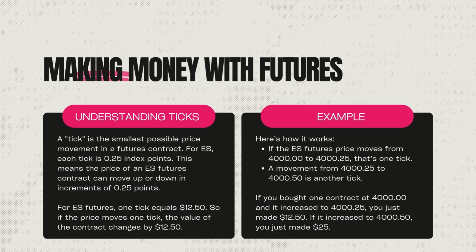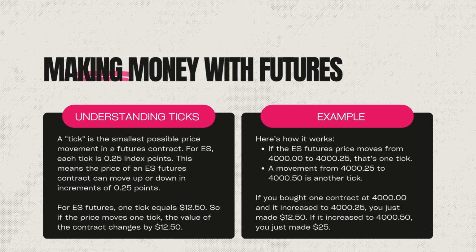To me, it's easy to think about it in terms of dollars, so you can just look at this as a quarter of a point. What this means is that the price of an ES futures contract can move up or down in increments of 0.25 points. I'm going to go over to the example real quick.